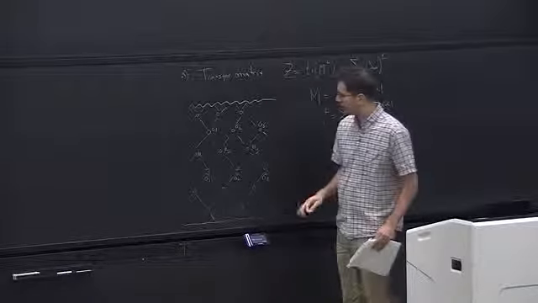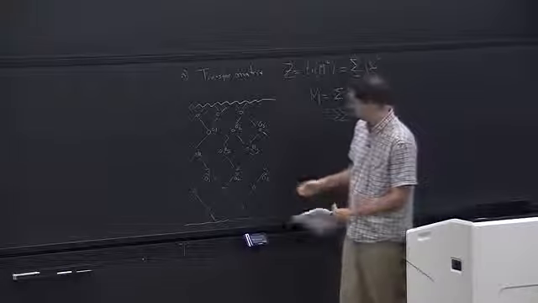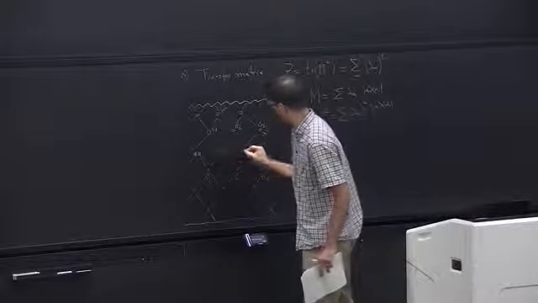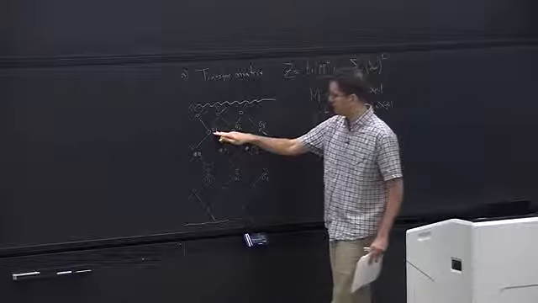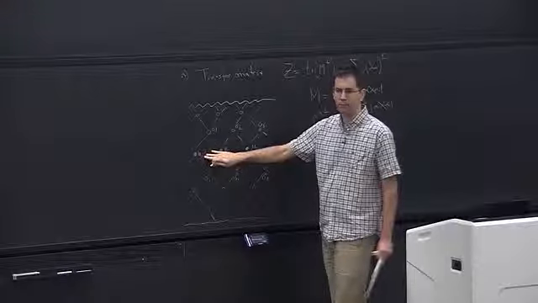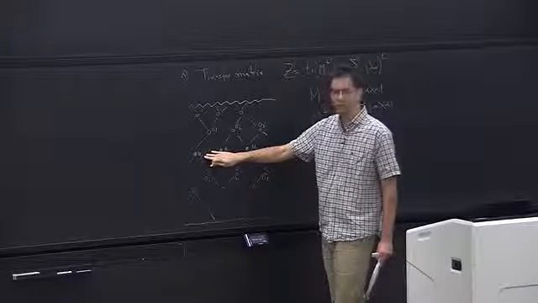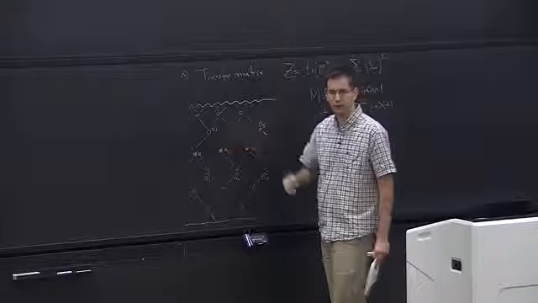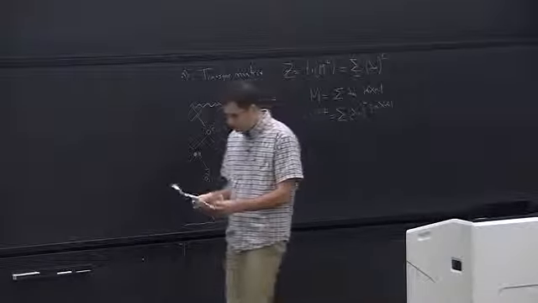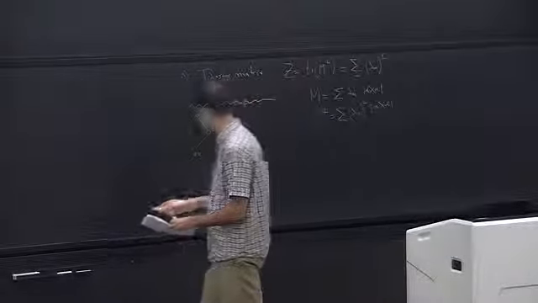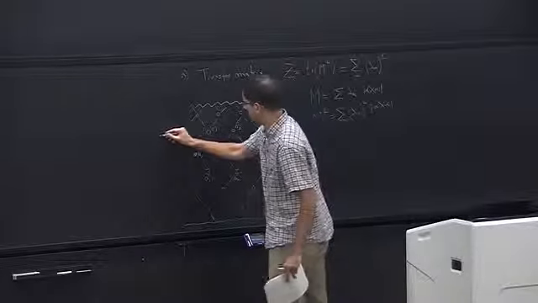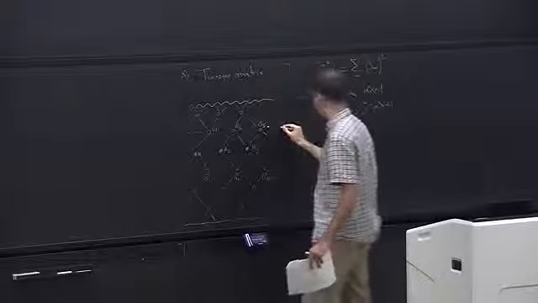So I've so far decided to single out some of the spins. I use the notation sigma for some of them, mu for the others. These are just variables that take two possible values, plus or minus 1. And now I'm going to break the system into pieces.